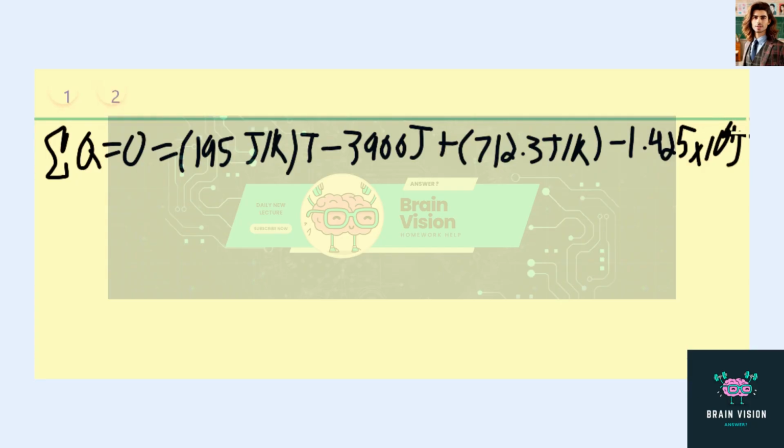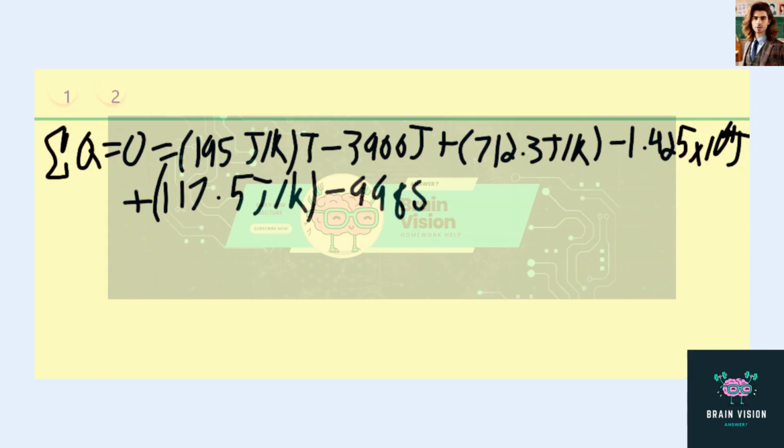And then our final one for the block is plus 117.5 joules per K times T minus 9,988 joules. Looks like I flipped those around. So this is our final expression.